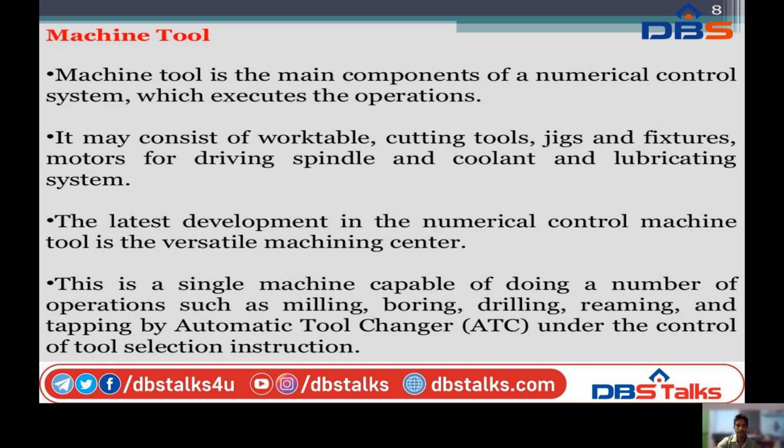The latest development in the numerical control machine tool is the versatile machining center.